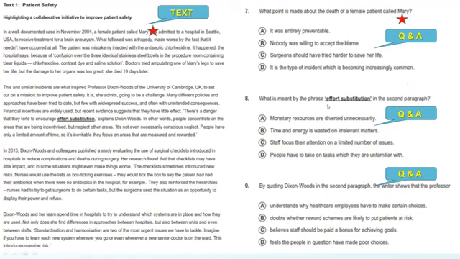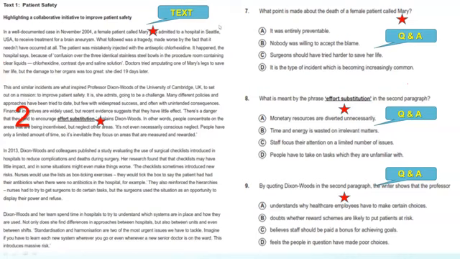And for this question, the phrase effort substitution is mentioned here. So you have to read this paragraph. After that, in the third question, it's clearly mentioned that you have to read the second paragraph. So again, read here to find your correct answer.